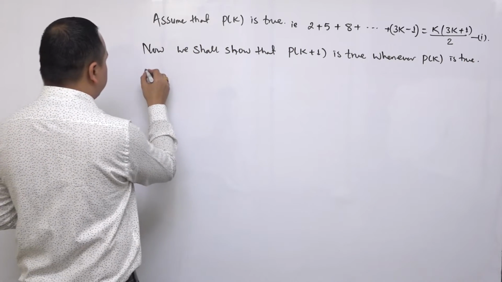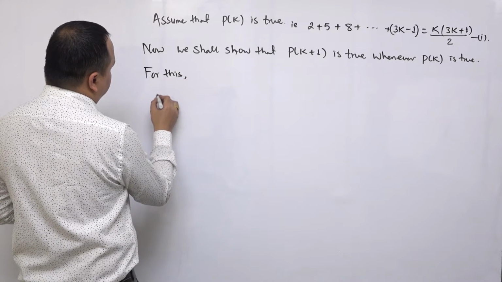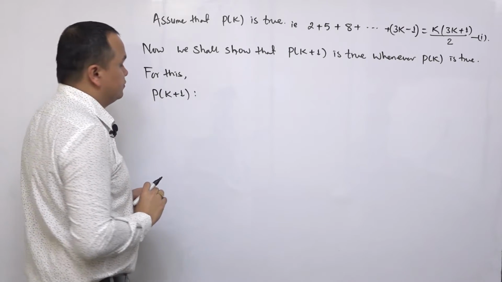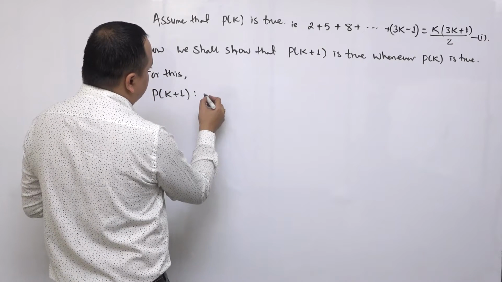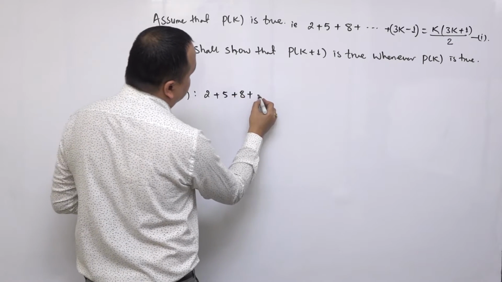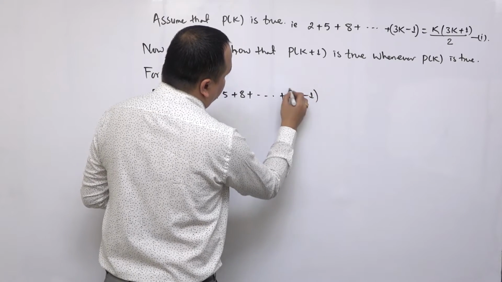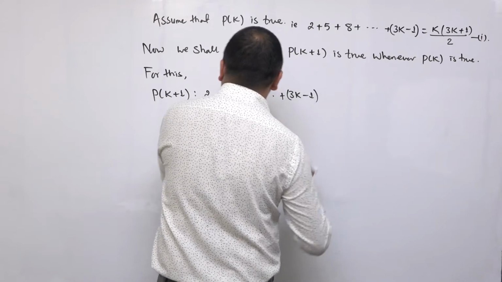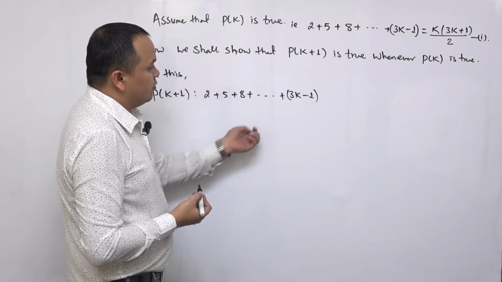For this, Pk plus 1, the Pk plus 1 such that 2 plus 5 plus 8 plus dot dot dot plus 3k minus 1.